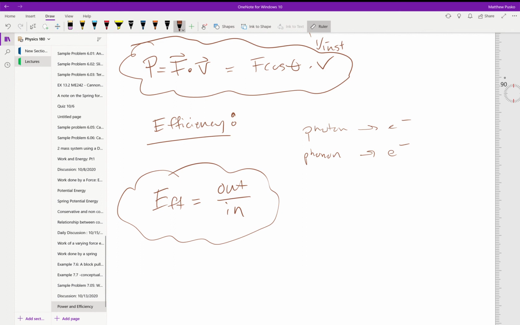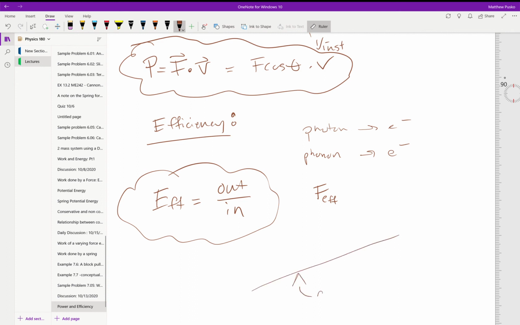So if you're talking about the efficiency of maybe a force, let's write it. So certain things like maybe if we had a lever and a fulcrum.